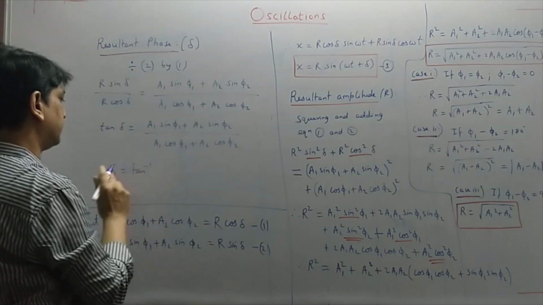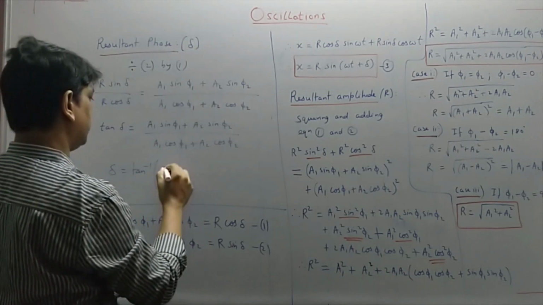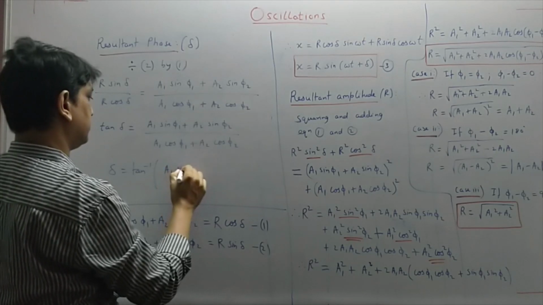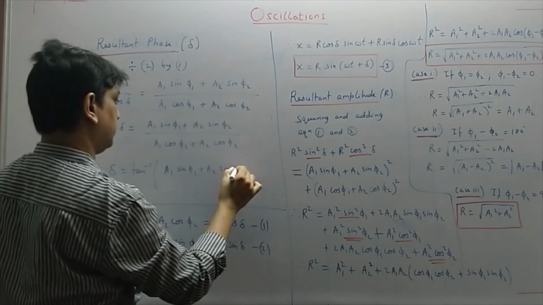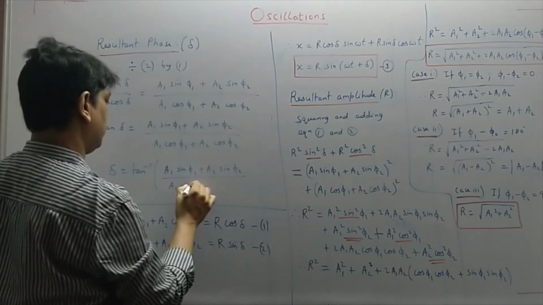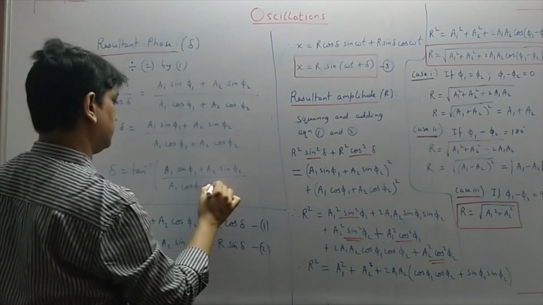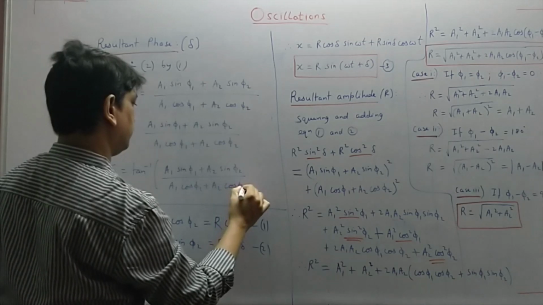If you want to find the resultant phase of the composition of SHM, delta is tan inverse of A1 sin phi 1 plus A2 sin phi 2 divided by A1 cos phi 1 plus A2 cos phi 2.